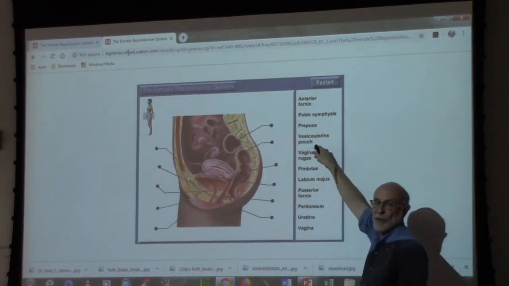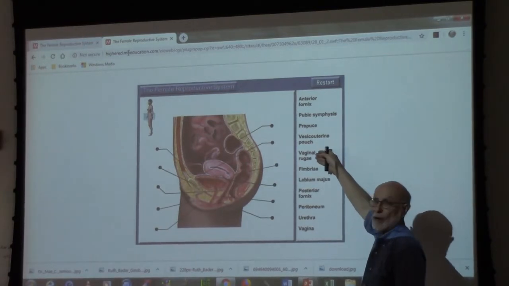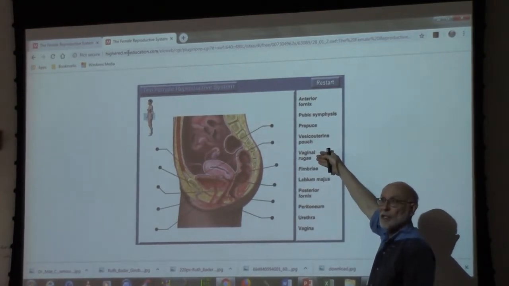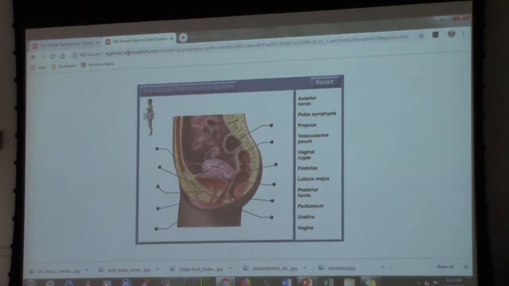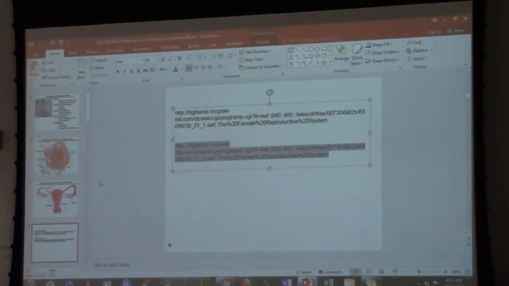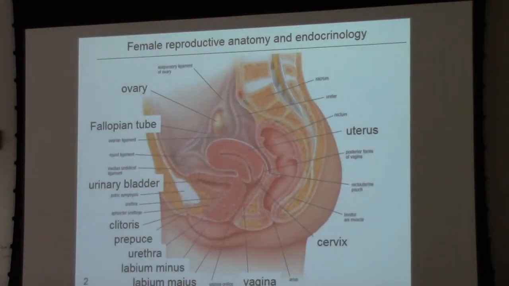Now, those of you who've had A&P1 know that rugae are the folds inside the stomach. Well, apparently, there are folds inside the vagina also, which have the same name, vaginal rugae. Anyway, some names I do want you to know and some are additional, but it's an informative game to play. The names that I do want you to know are the ones from the coloring book, and the coloring book also has a lot of structures that I don't expect you to memorize, so your key words, the key concepts list, along with what's shown on slides like this, are the anatomical terms to know.